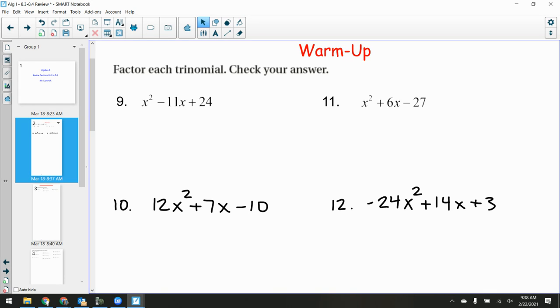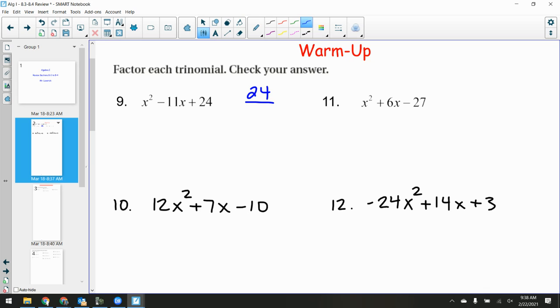All right. So, again, the quiz tomorrow is 2 parts: easy type problems and hard type problems, right? I've had so many people come up to me and say, now that I've done the hard type, I forget how to do the easy type. And it's like you guys are overthinking it. All you really need to do is say, okay, what are the 2 numbers that multiply to get 24, but add to get negative 11?